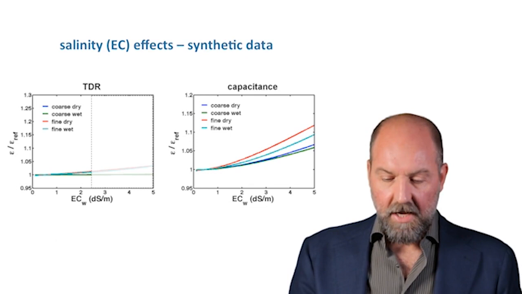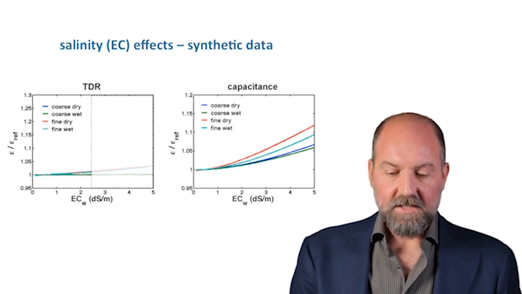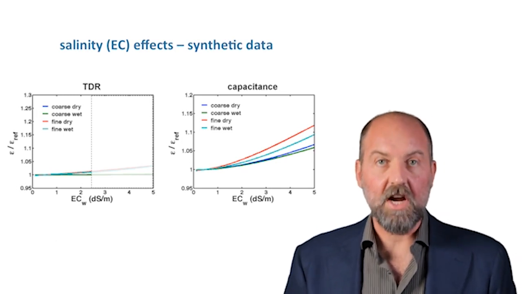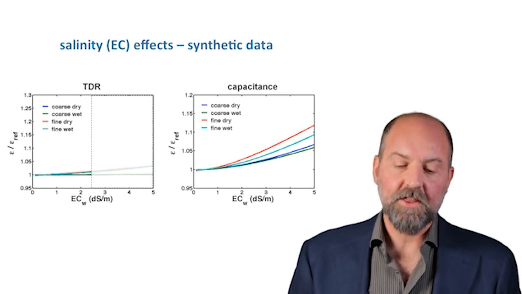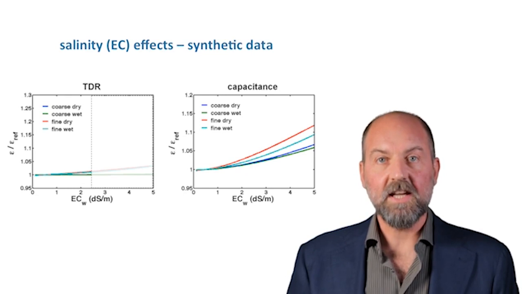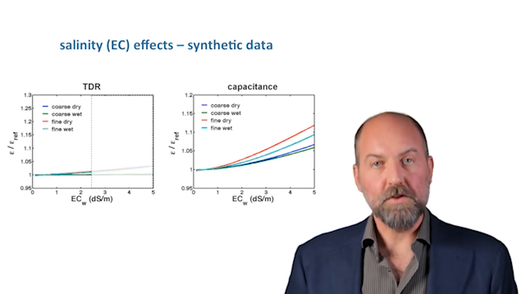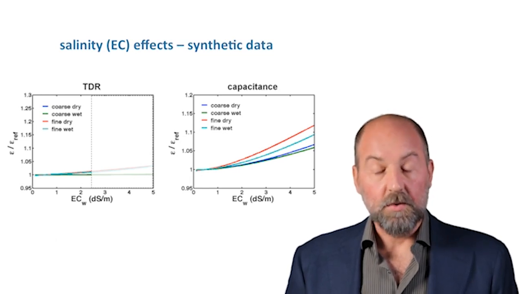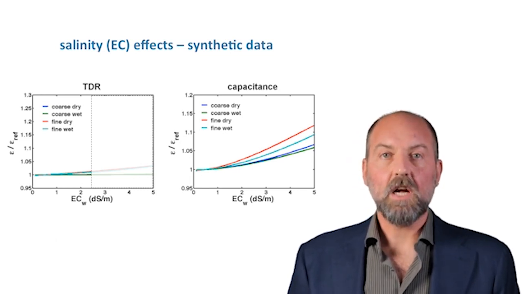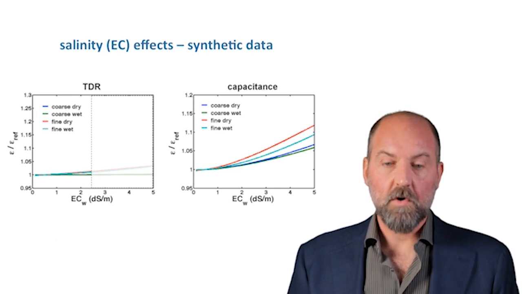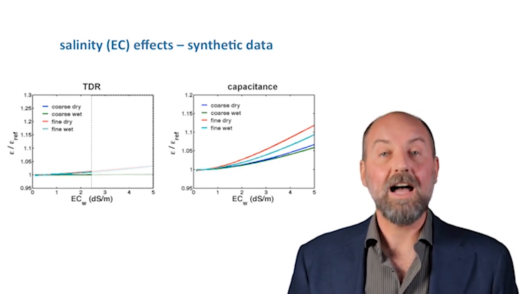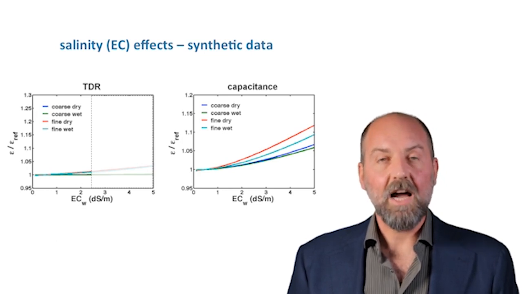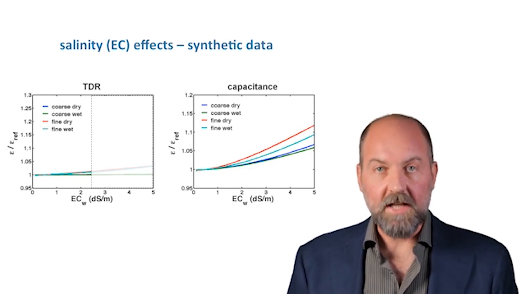I have shaded the portion of the graph as a reminder that the results here, again, are obtained through modeling, or those are synthetic data. In the real world, TDR technology would not work for sample conductivity higher than 2 to 3 decisiemens per meter.